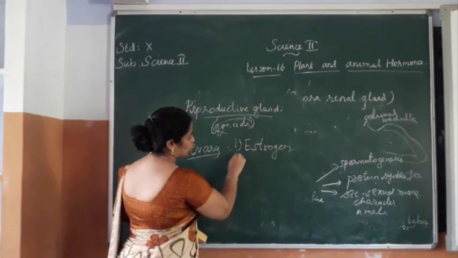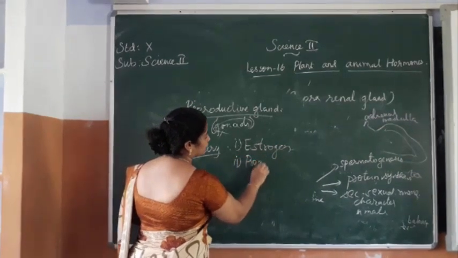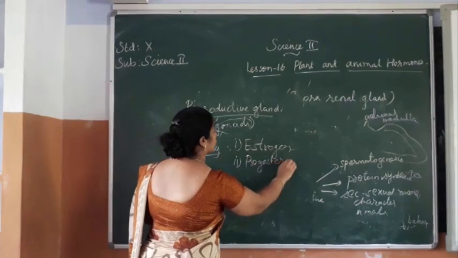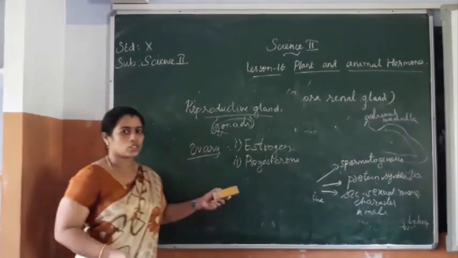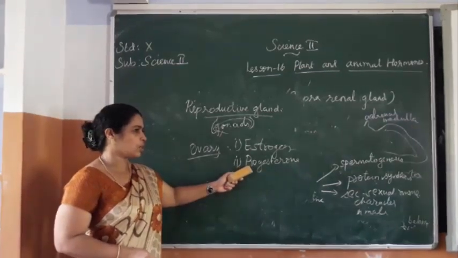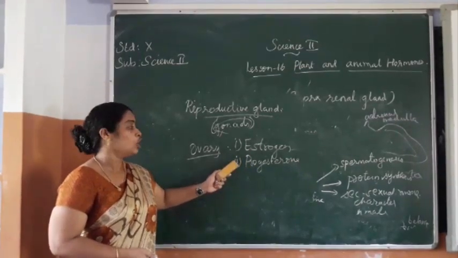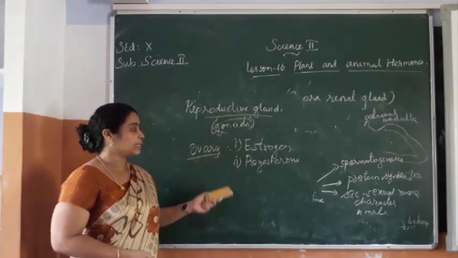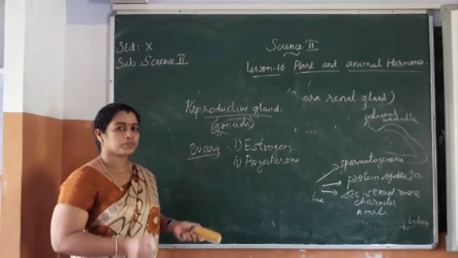and progesterone are the two hormones secreted by the ovary.